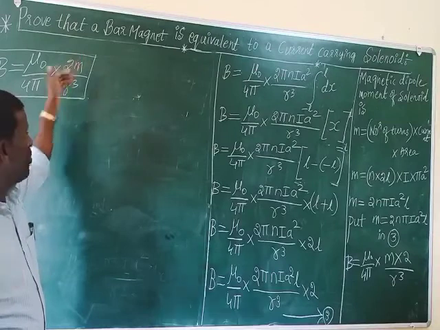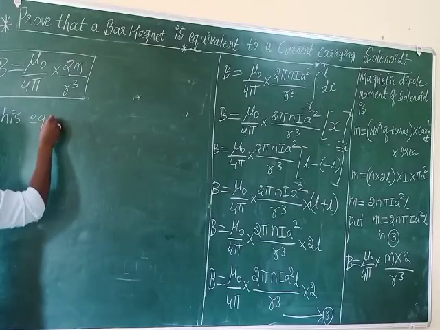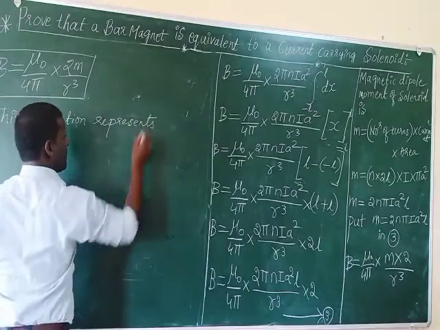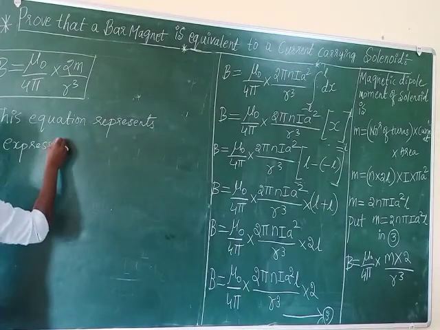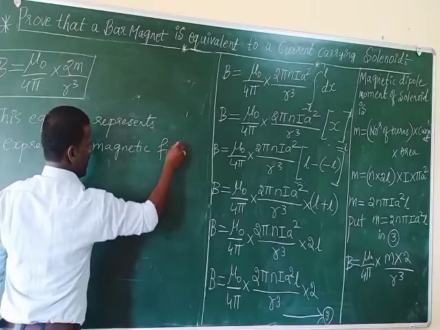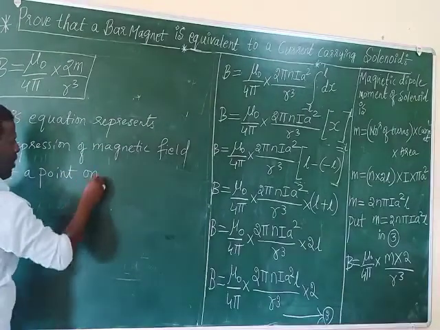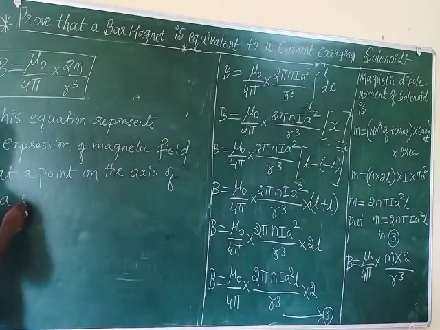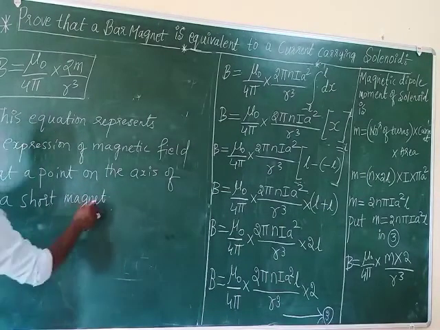You took the solenoid and proved this expression, and this equation represents the expression of the magnetic field at a point on the axis of a short bar magnet.